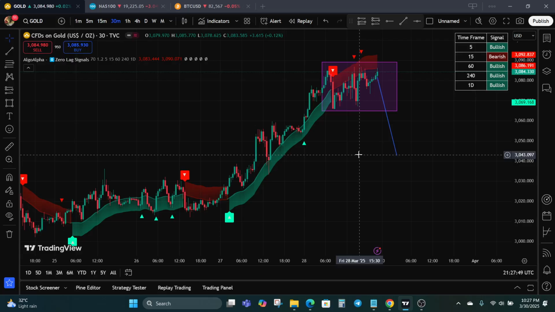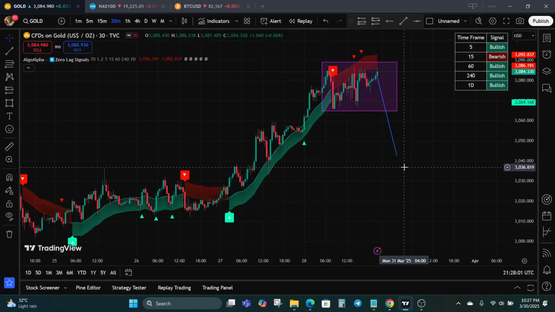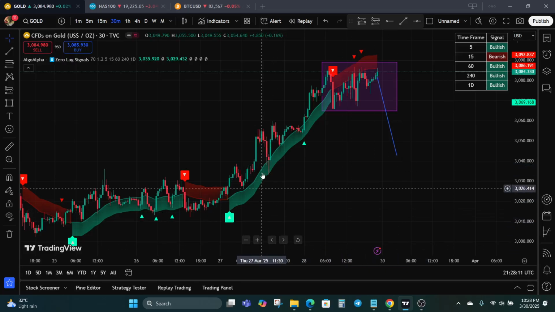Now, you might be wondering why traders would want to pay close attention to this indicator. The zero lag trend signals indicator is gaining attention because it eliminates lag found in standard indicators, and it helps traders react faster to market shifts, right? And then it can be used on Forex, stocks, and crypto, and it provides clear trend signals with minimal noise, right?